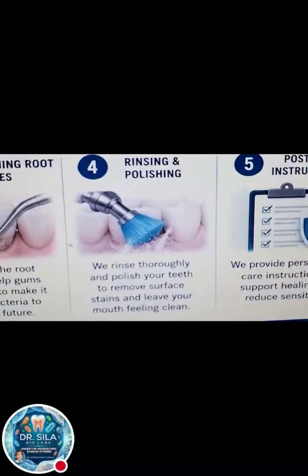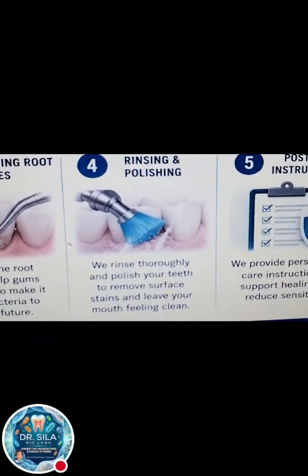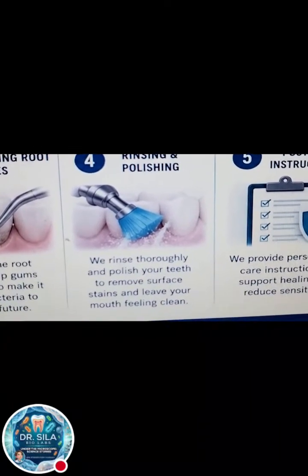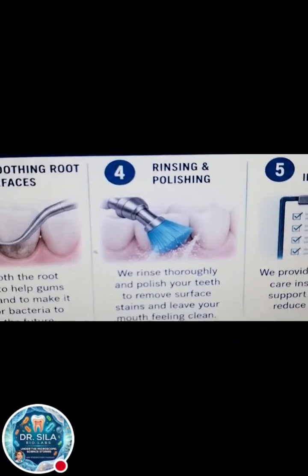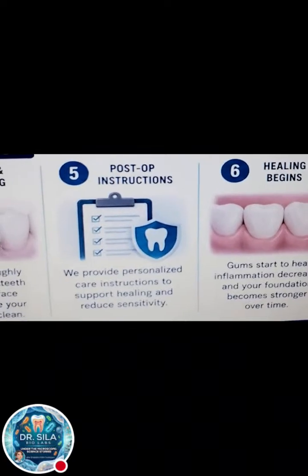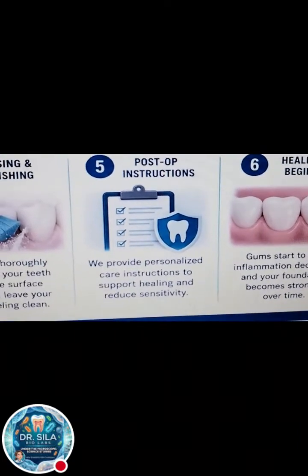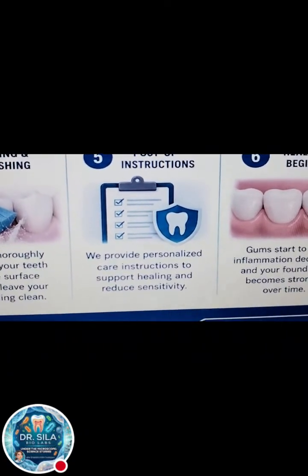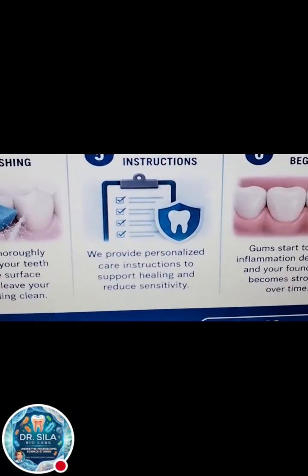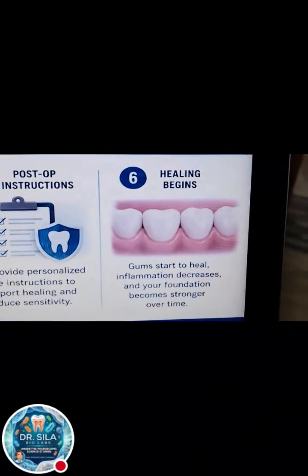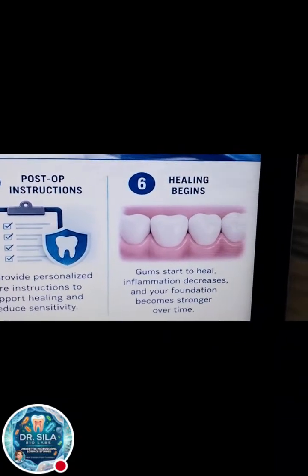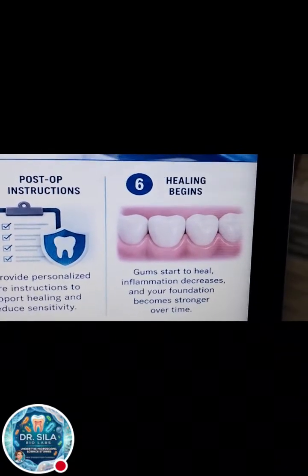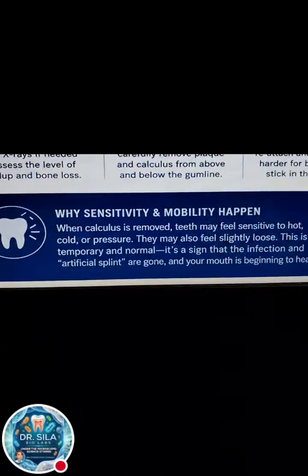Polishing and rinsing. We rinse thoroughly and polish your teeth to remove surface stains and leave your mouth feeling clean. Post-op, we provide personalized care instructions to support healing and reduce sensitivity. Healing begins, gums start to heal, inflammation decreases, and your foundation becomes stronger over time.